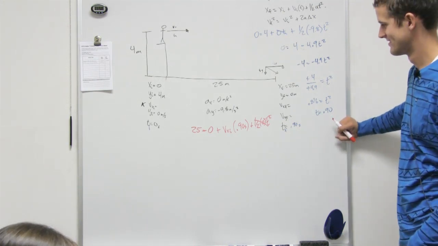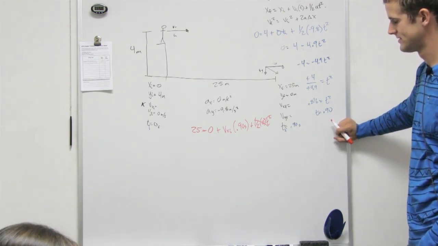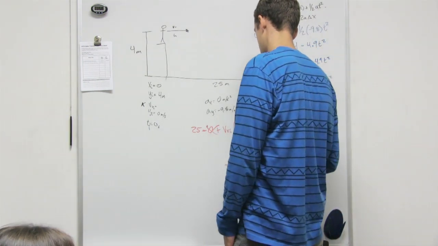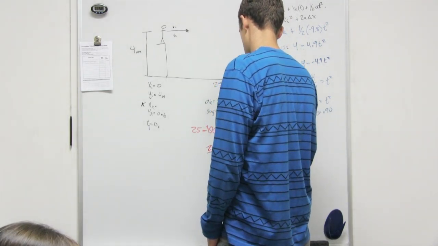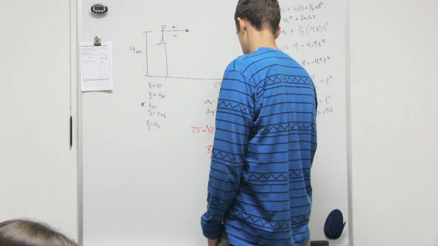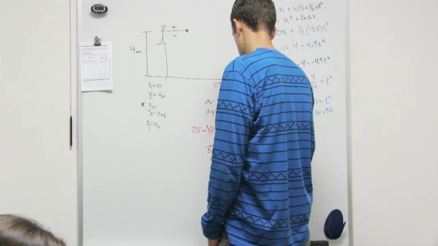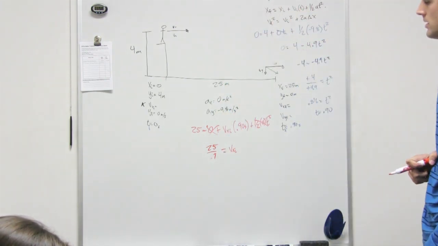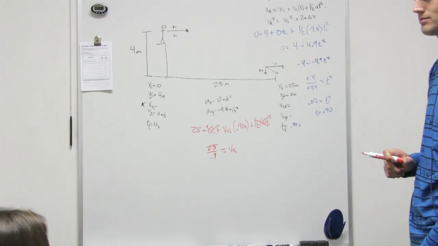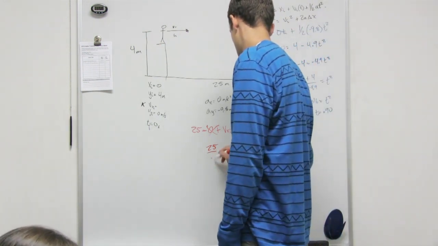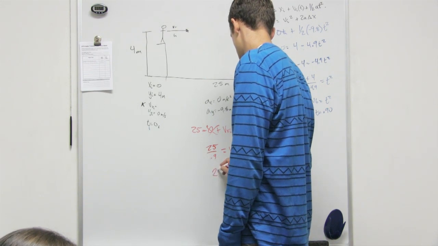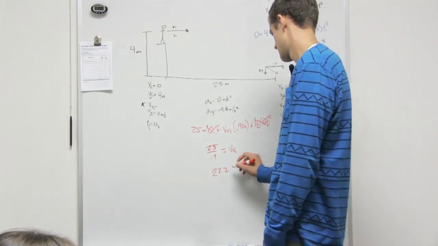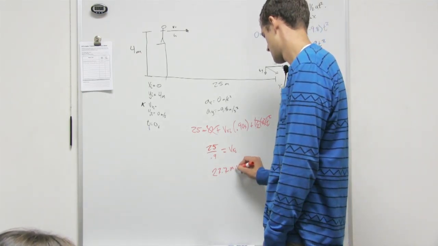Okay, so then we minus the 0 and divide by the 0.9. 27.7. What are the units? It's going to be meters per second. Yes.